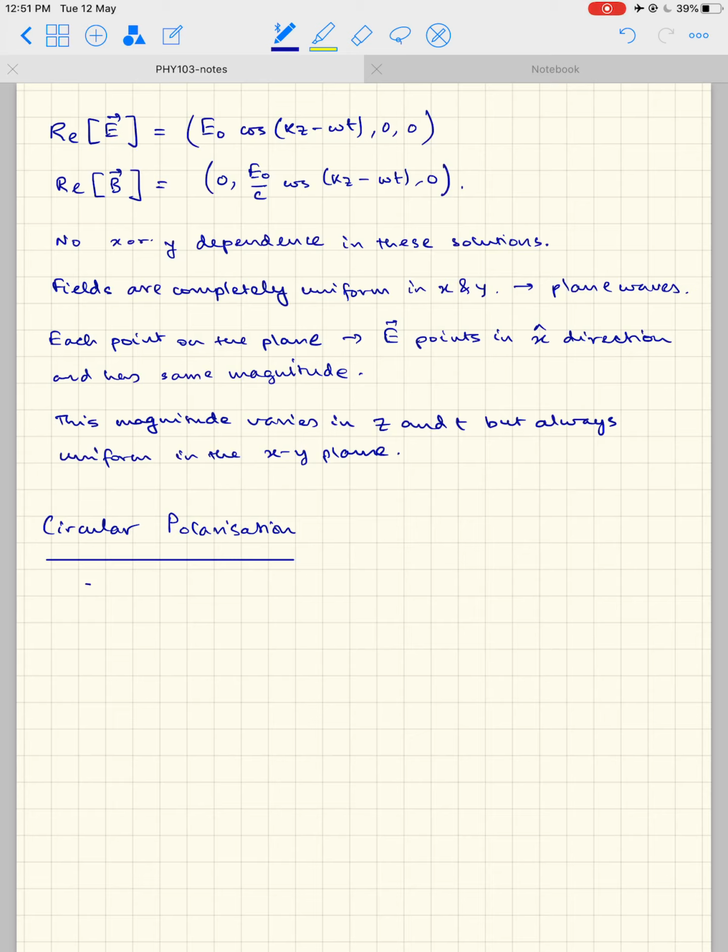So phi x minus phi y is equal to pi over 2. Then E naught is E naught, E naught e to the i pi over 2, and 0. This essentially means it is E naught, i E naught, and 0.